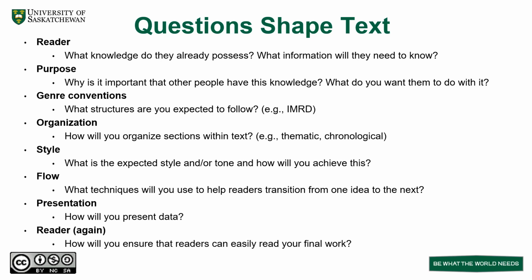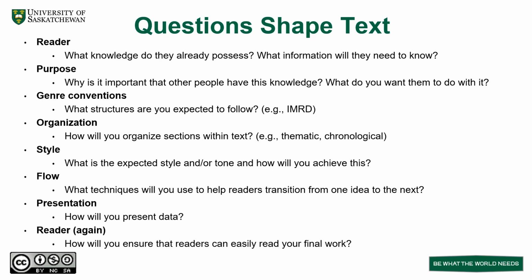So the first is to ask questions about who that intended reader is. So what knowledge should they already possess? What information will they need to know in order to really understand what you're trying to communicate with them and share with them? Next, ask questions about the purpose. Why is it important that other people have this knowledge that you want to share with them? And is there anything that you want them to do with this information?